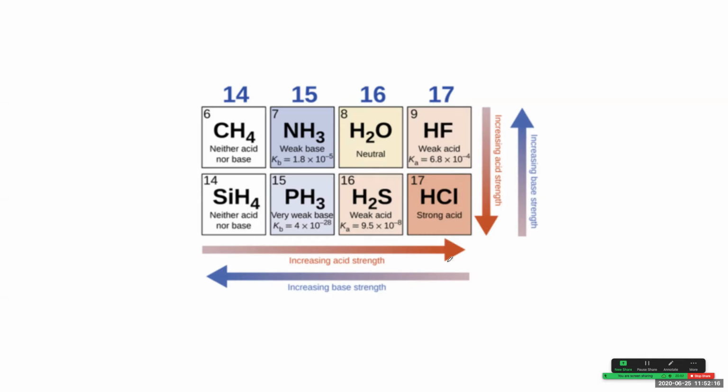After HCl is HBr, a stronger acid than HCl. After HBr is HI, which is a stronger acid as well. So this is just a trend on acid strength of elements that contain hydrogen. So these are binary acids, only two elements. There's a hydrogen and another element.